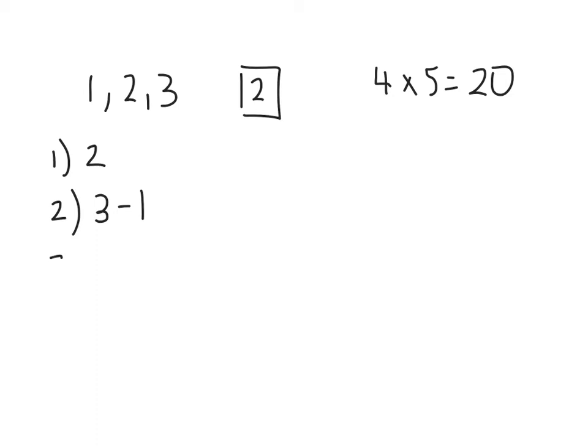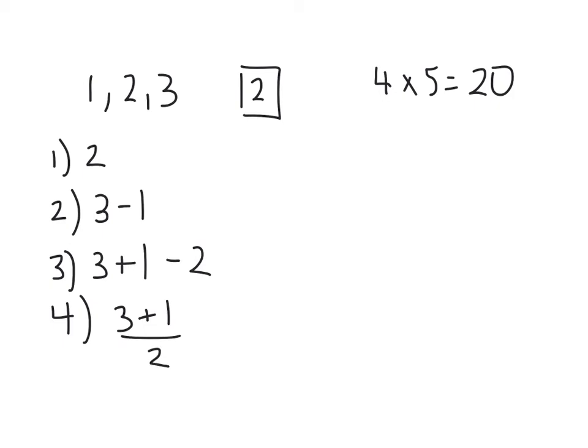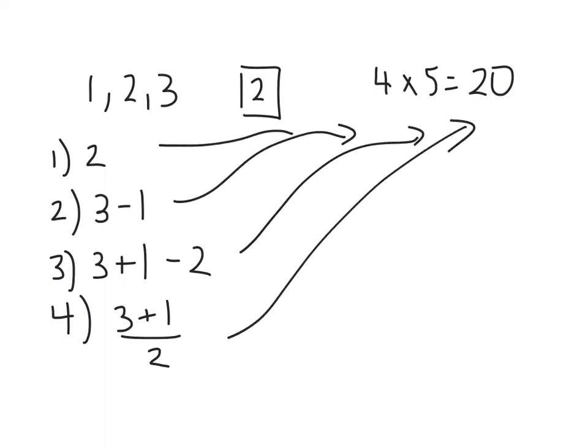Another thing that you could have done is you could have done 3 plus 1 and then minus 2. Fourth way you could have done it is you could have done 3 plus 1 divided by 2. So those are 4 different ways of getting 2 with the numbers 1, 2 and 3, which you then use to add to the 20 that you've already got.